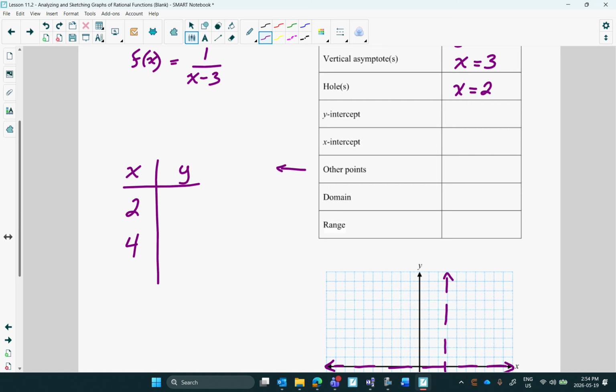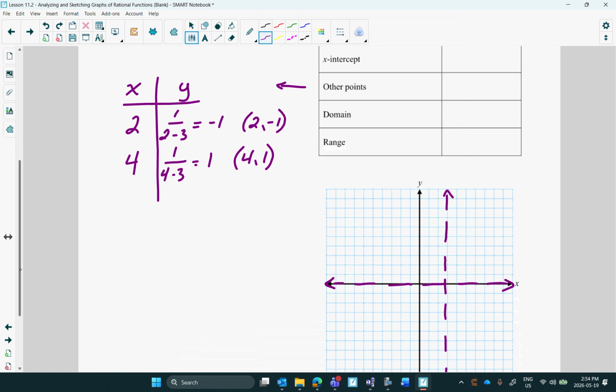If I plug 2 in, I get 1 over 2 minus 3, which is -1. If I plug 4 in, I get 1 over 4 minus 3, which is 1. So 4, 1, 2, -1. That means my graph goes like this.